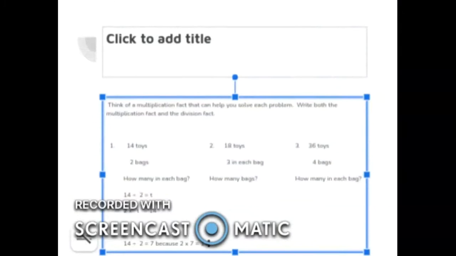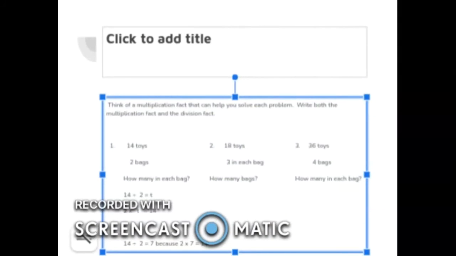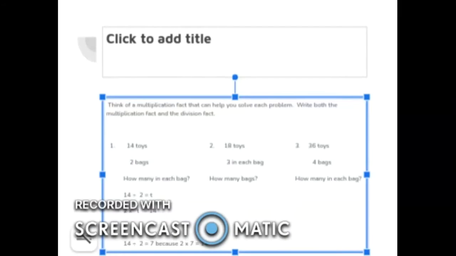So now I have a multiplication fact and a division fact that work for this problem, and have written that fact family. So what I want you to do is take the opportunity to do the other 2 problems on your own and try it to see what you can come up with so that you can solve the problems that are on the lesson work for today.